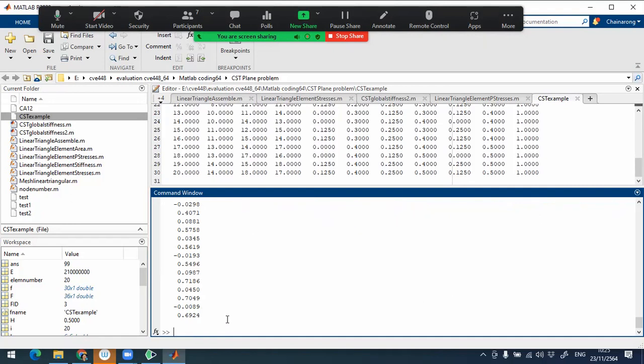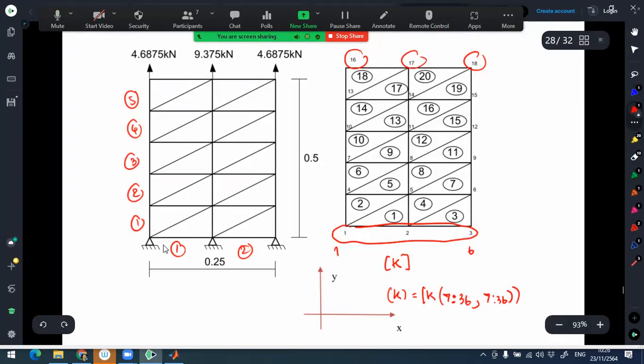And then we have the displacement right now. Okay, this is the displacement. This is from node number 1, 2, 3, it should be 0, right?